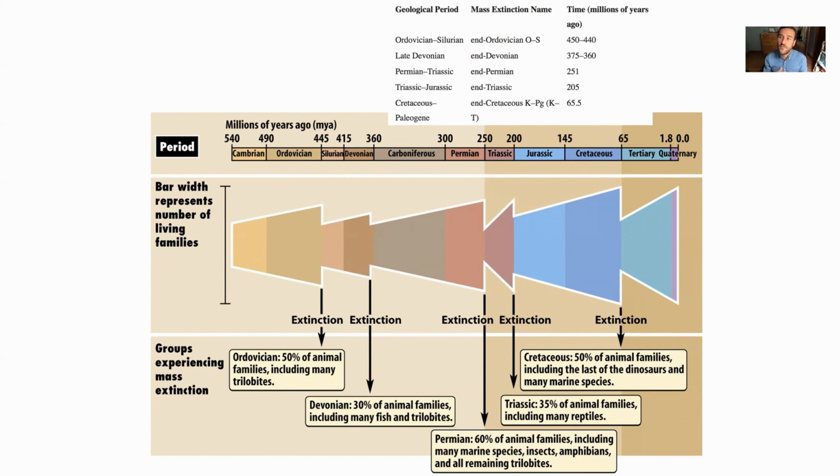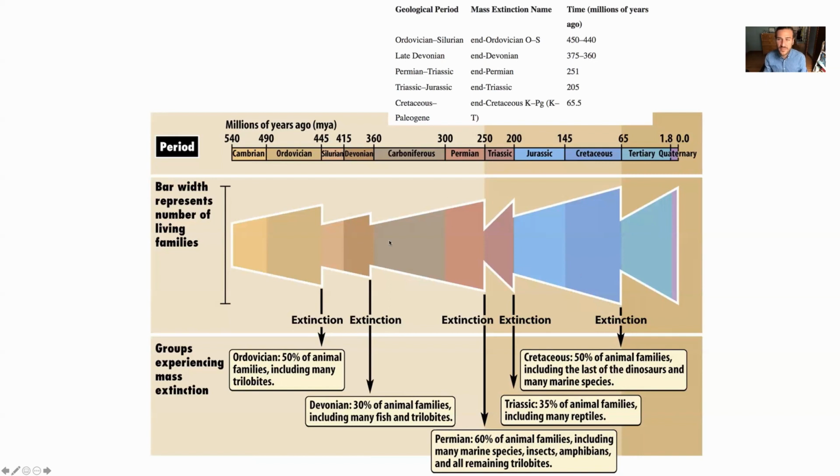The planet is around 4.5 billion years old, right? So in retrospect of the history of the Earth, 450 million years ago is not that long ago. I mean, it's a long time. Don't get me wrong, but all of the extinction events occur from 450 million years ago to present day.